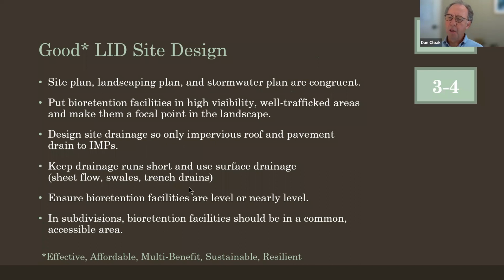This is another key aspect, which is really an engineering technique, but it achieves all these other things: keep your drainage runs short and use surface drainage. So we're really looking for the situation where the downspout connects into the bioretention facility, the pavement flows to one corner and into a bioretention facility, but it's flowing across the surface.